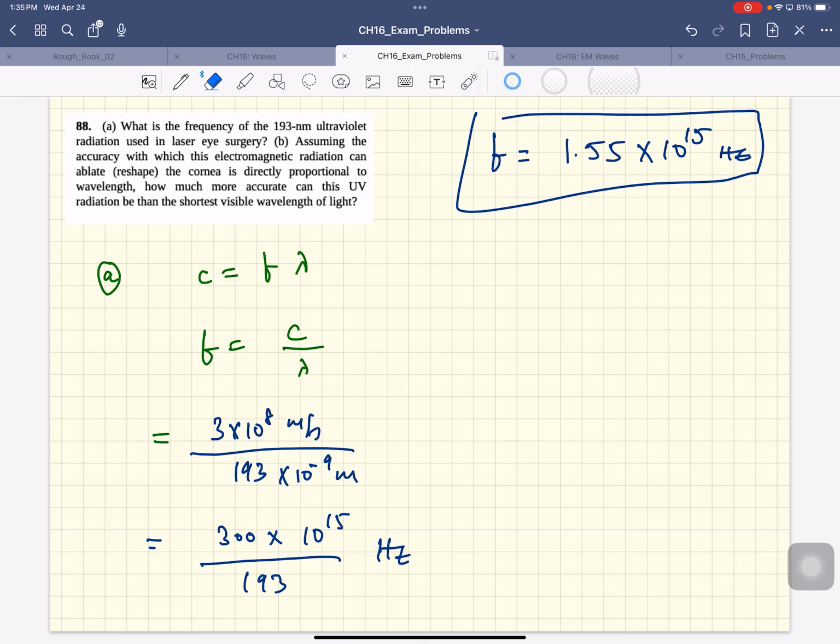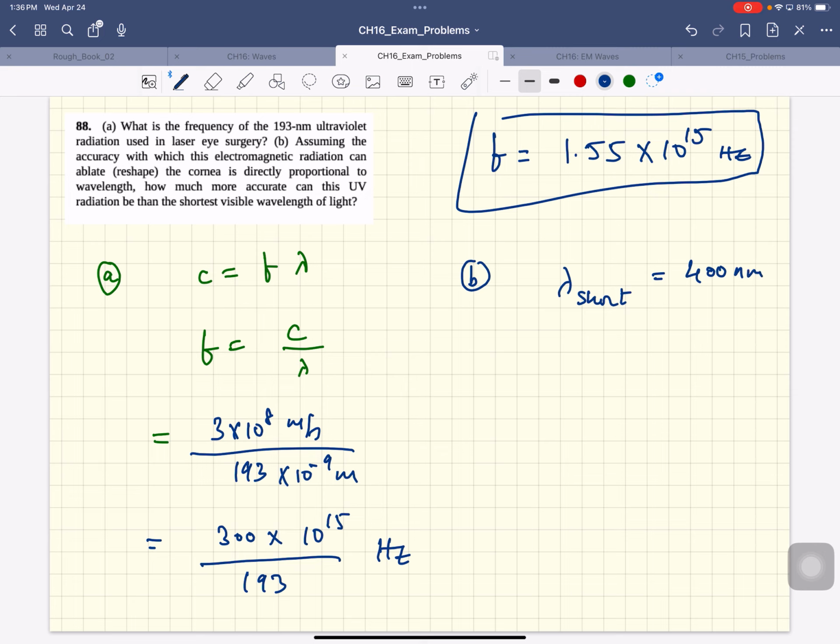Assuming the accuracy with which the electromagnetic radiation can ablate the cornea is directly proportional to the wavelength, how much more accurate can this UV radiation be made than the shortest visible wavelength of light? The shortest visible wavelength, lambda short, is 400 nanometers.